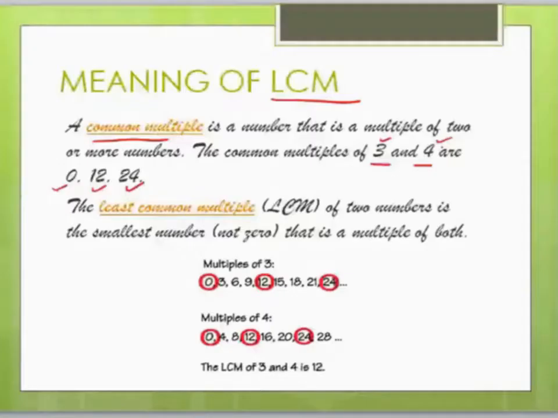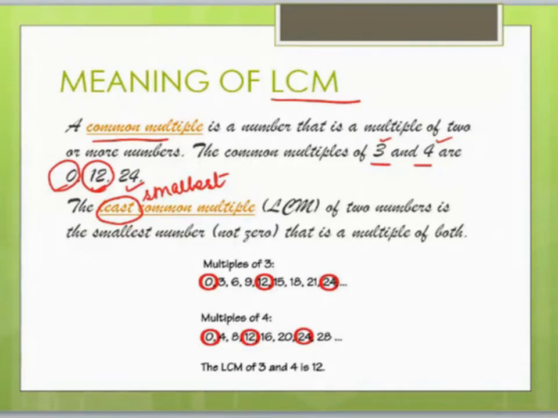And the least common multiple, least means the smallest, common multiple of 3 and 4 is 12. We never take 0 into account for calculating the LCM, right? We always leave 0 aside. So the least common multiple is 12 for 3 and 4.